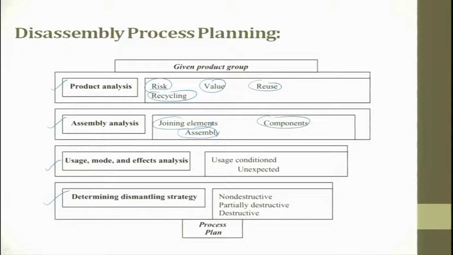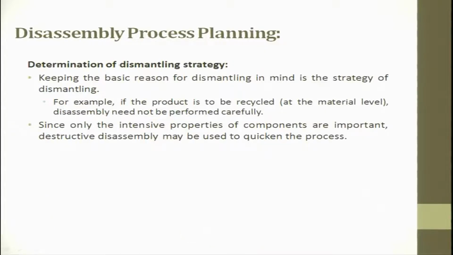Usage: wear and tear, unexpected usage conditions. Determining the dismantling strategy: non-destructive, partially destructive and destructive ways, and finally the process plan. All these things put together come in the design for disassembly process plan.